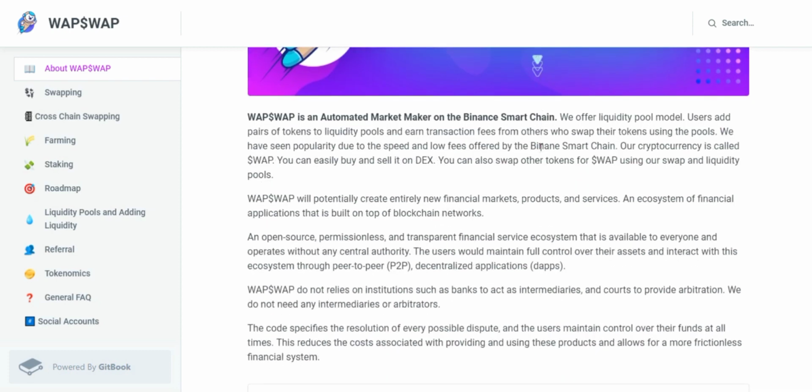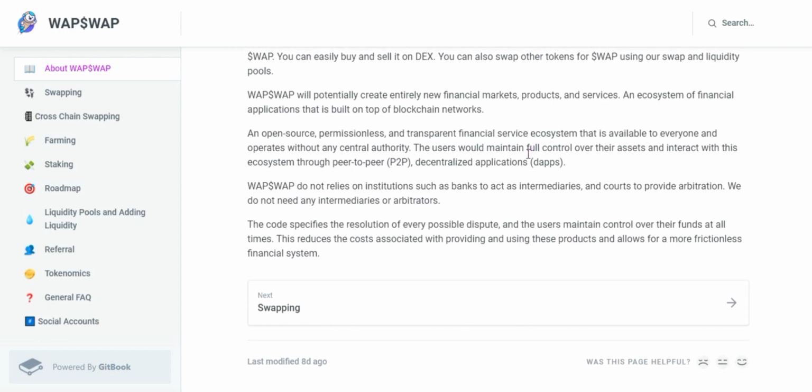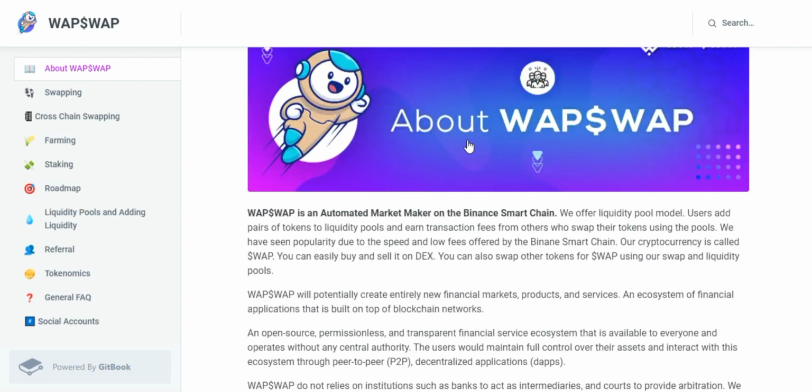Anyone can start providing liquidity by depositing a pair of coins in equal value. In return, the liquidity providers receive liquidity pool tokens, the LP tokens, that act as a receipt for their share of the pool.